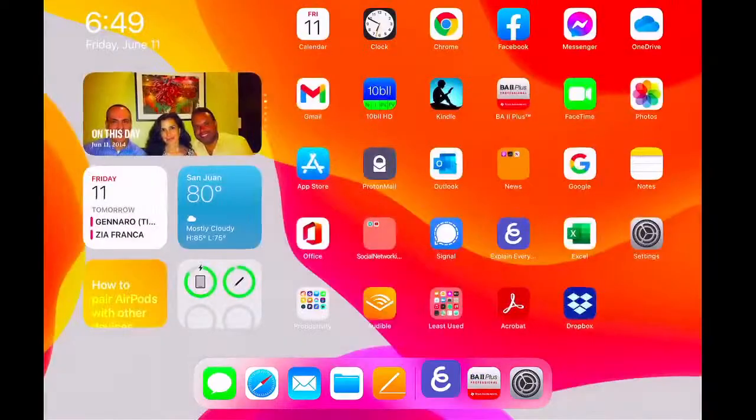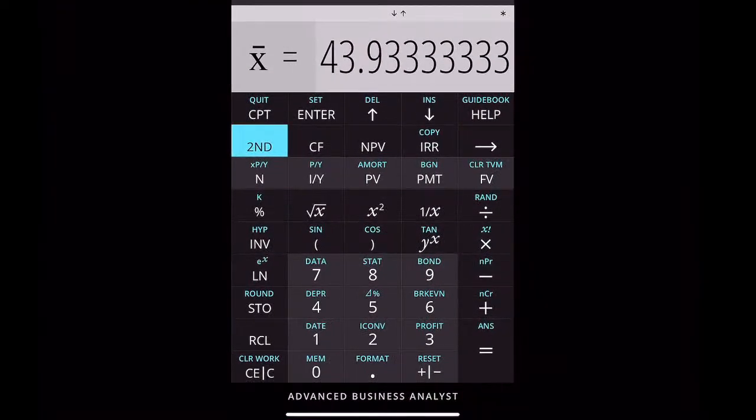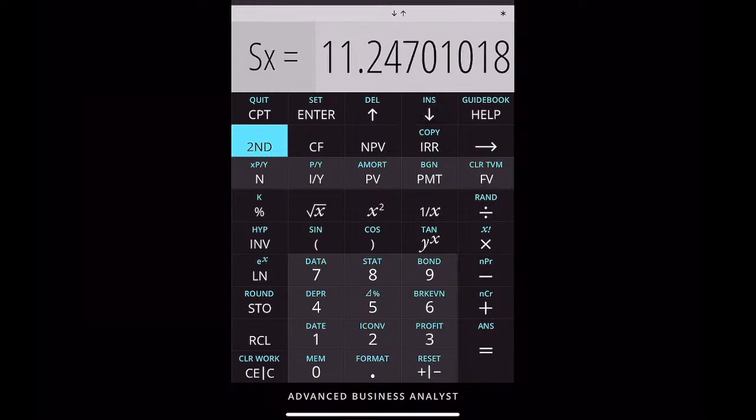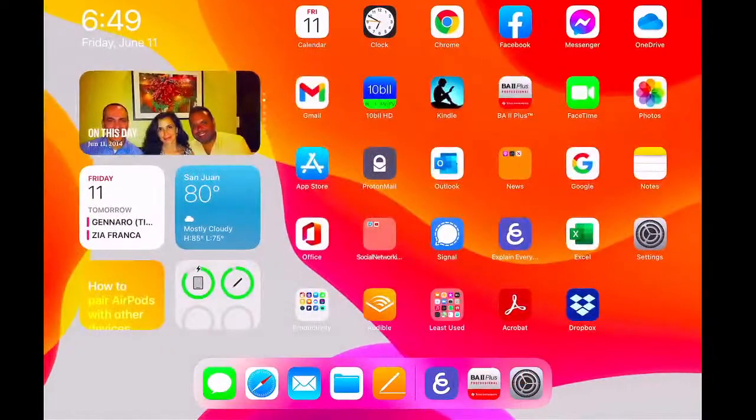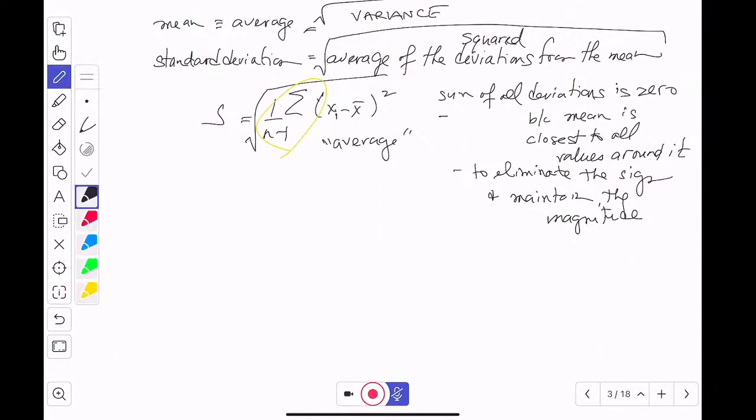Remember that S will be bigger than sigma, always. Why? What's sigma? The population standard deviation looks like this.